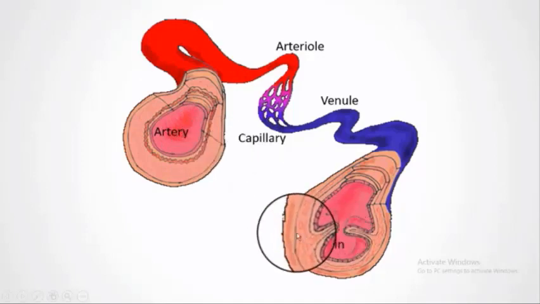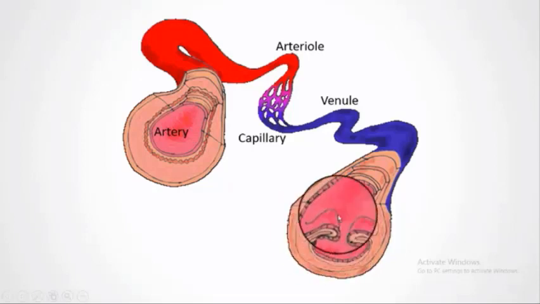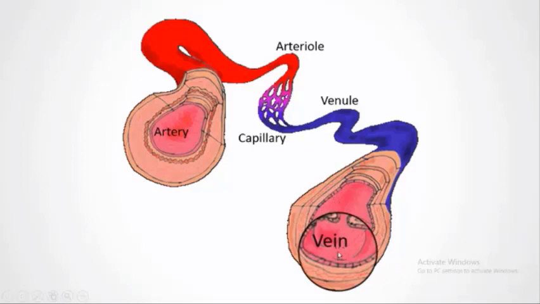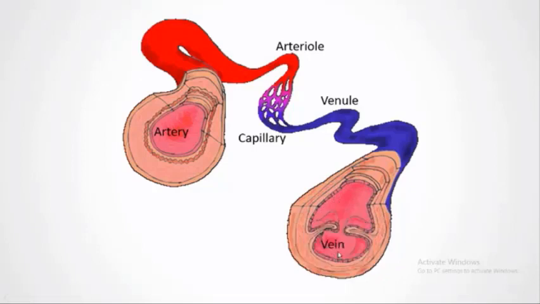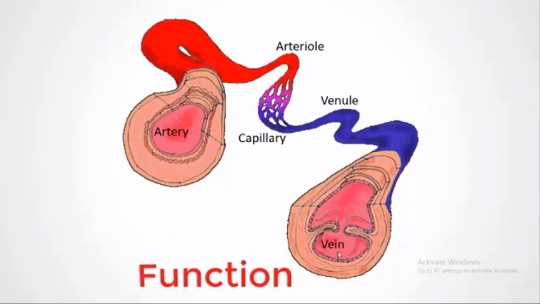And this implies that they are going to play different functions, because in reality, blood vessels are another good example of how structure and function work together. Before starting with the structure and function of each type, I would like to study the variation of three variables as I move from an artery into a vein.